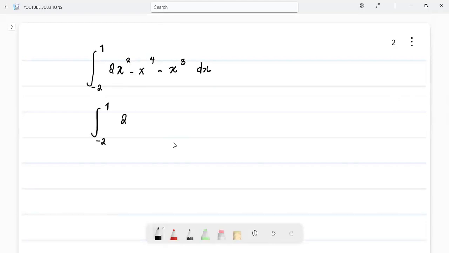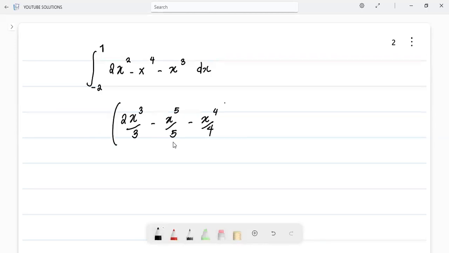This is 2x cubed over 3 minus x to the power 5 over 5 minus x to the power 4 over 4. Sorry, I need to get rid of this integral sign every time I do the integration. Okay, just forget that. And then the limits from negative 2 to positive 1.